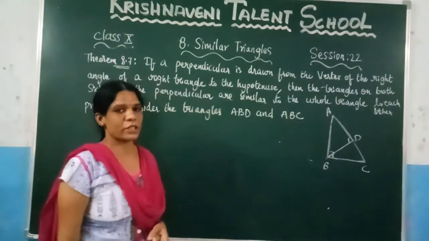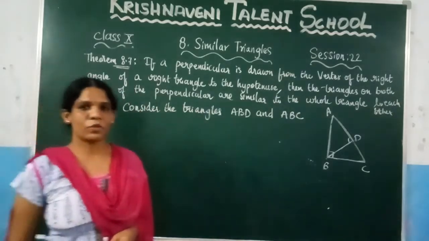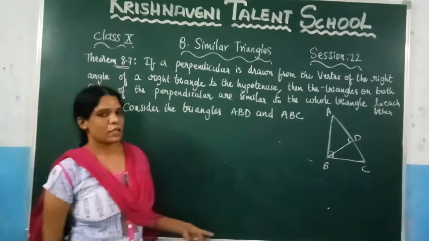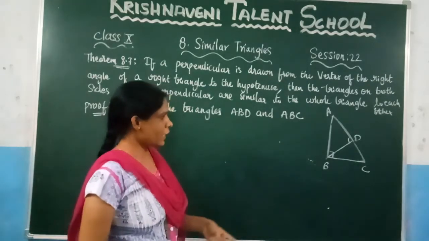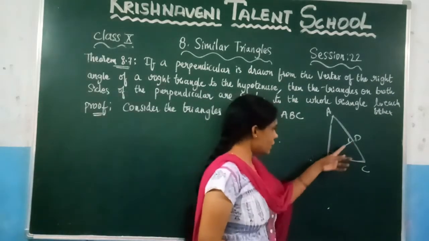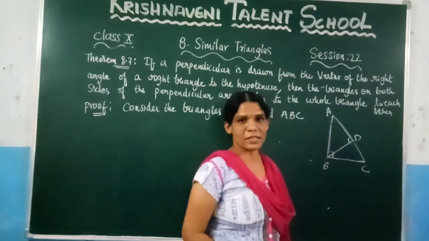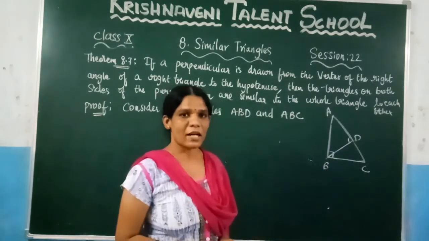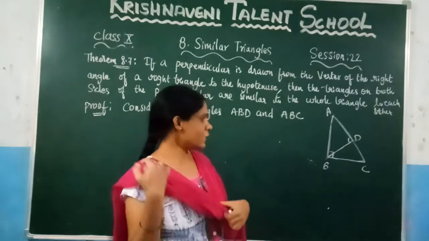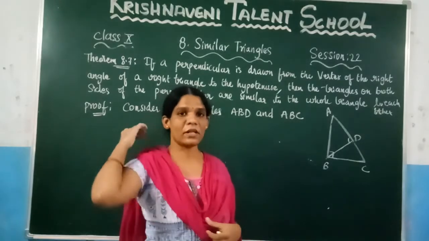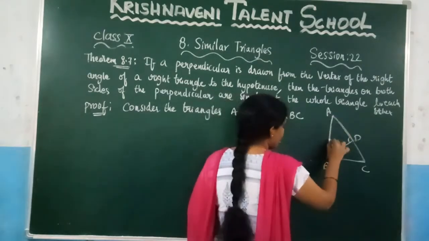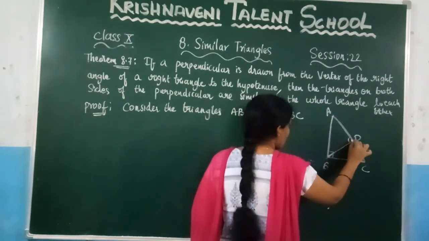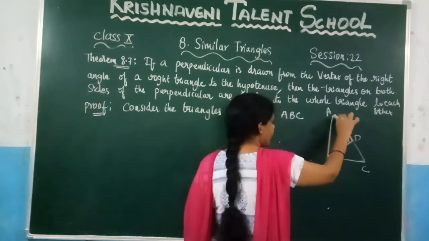If you want to prove these two triangles are similar, you need to apply any of the similarity criteria. Since here in these two triangles, you got two of the angles equal, you can go for the angle-angle similarity. Let us see which angles are equal in these two triangles. Now, if you consider this triangle, the smaller triangle, what is the right angle here?